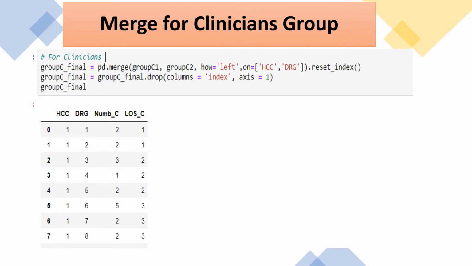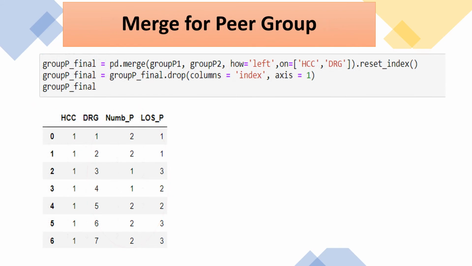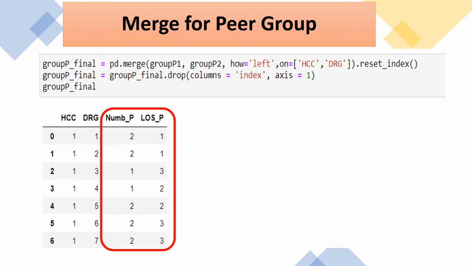Now we have to merge the two tables which we made for the clinician group. Also, for the peer group, we have to merge the two tables which we made in previous slides.